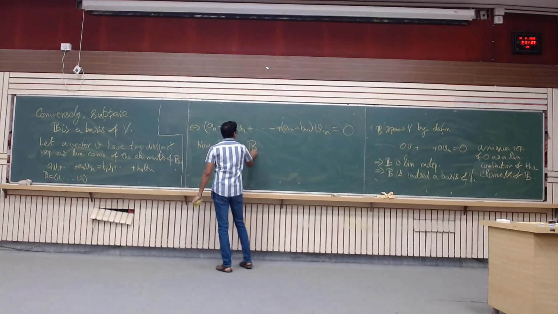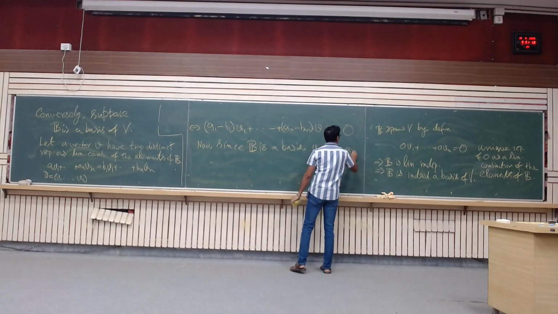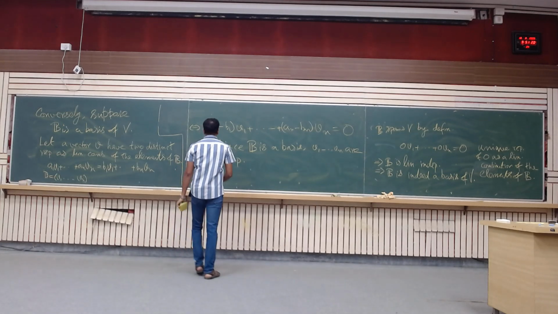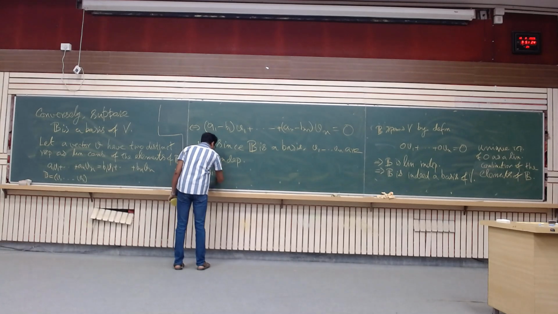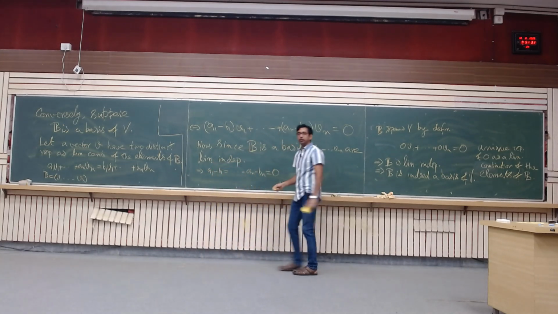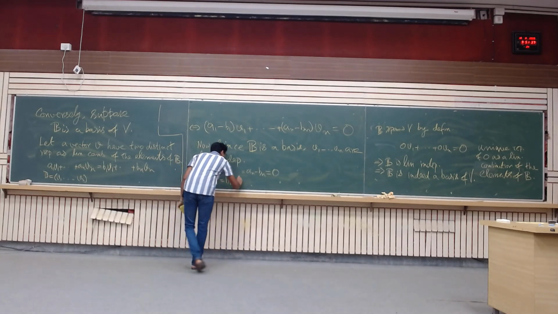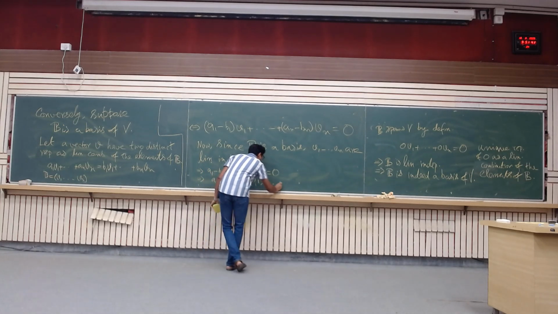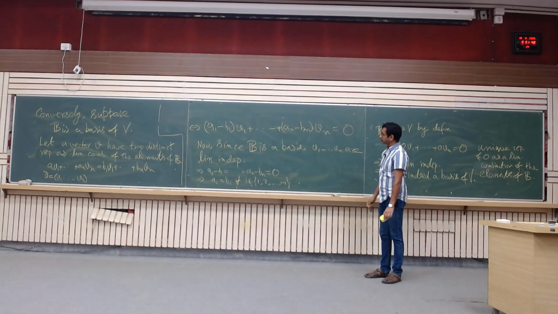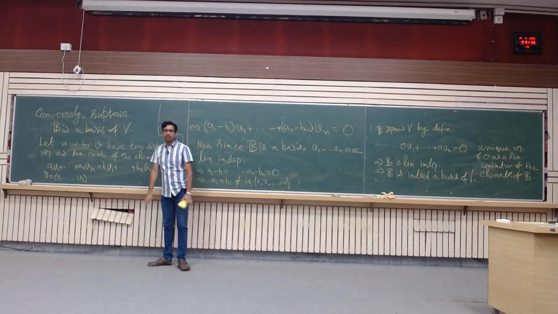Since V is a basis, V1 to Vn are linearly independent, right? And that implies A1 minus B1 up to An minus Bn, that is all the coefficients, are equal to 0. So that is Ai equals Bi for all i in 1, 2, up to n. Okay. So all the corresponding coefficients are equal, and therefore these two representations are not distinct, but they are the same representation.